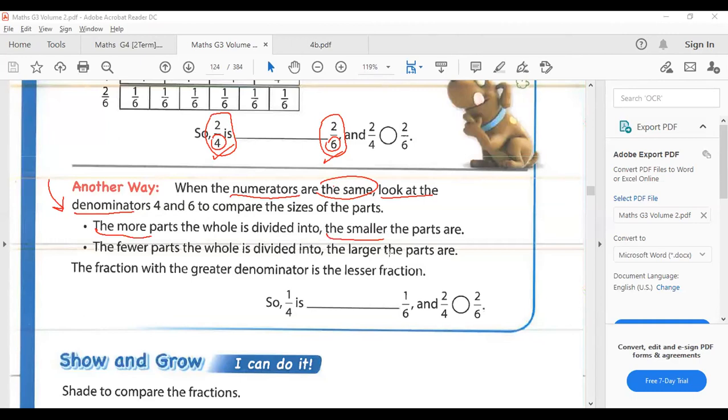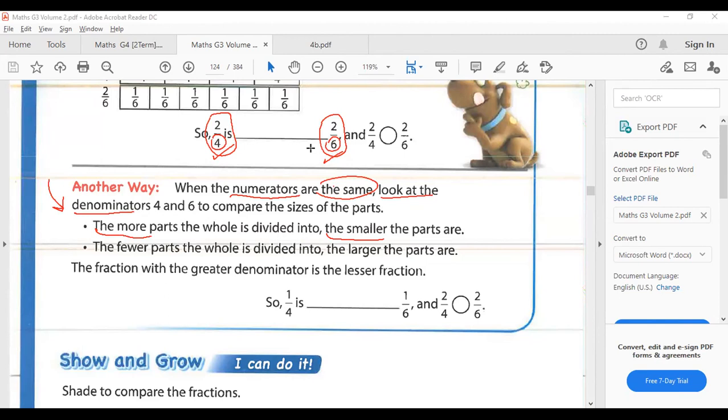So the more, the smaller. You know that 6 is greater than 4, but you are dividing by more equal parts, so this will be the smaller fraction.